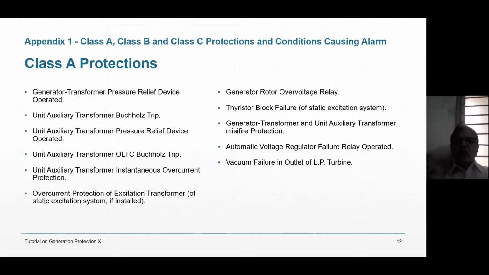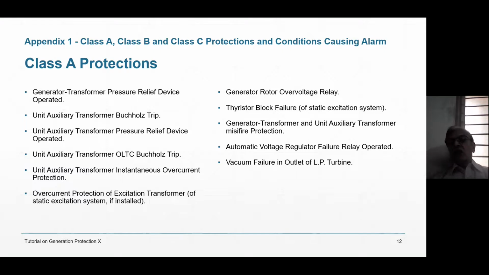Because of fire, because of heat, some diaphragm will break and water will be thrown. Water cannot be thrown because water is electrically conducting. So carbon dioxide or some gas is thrown so that the fire extinguishes. But when firing occurs, then the class A trip will occur.